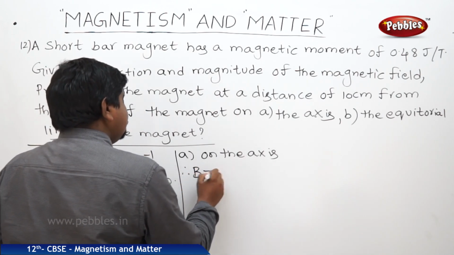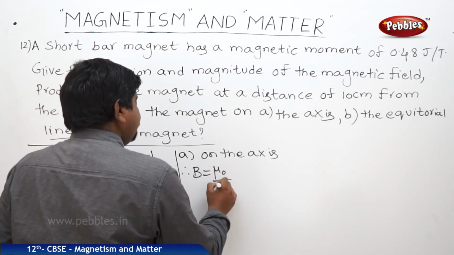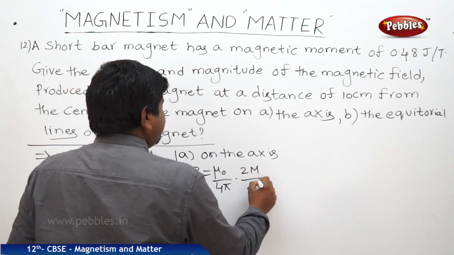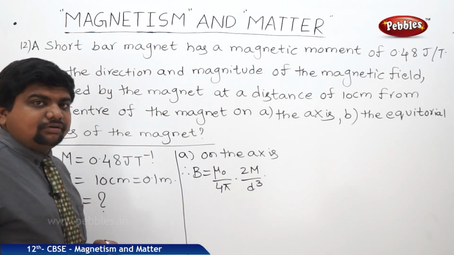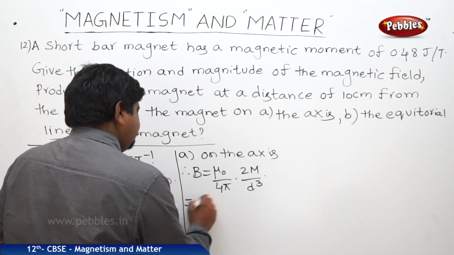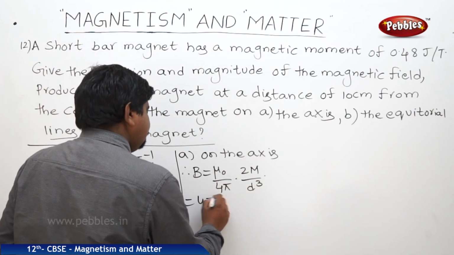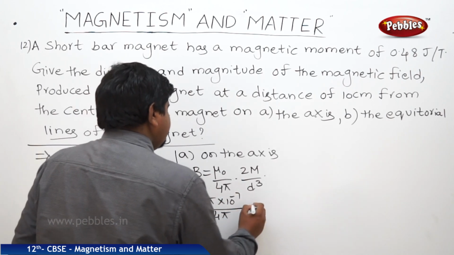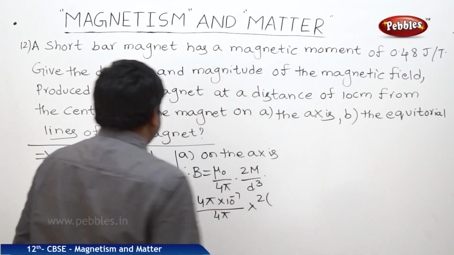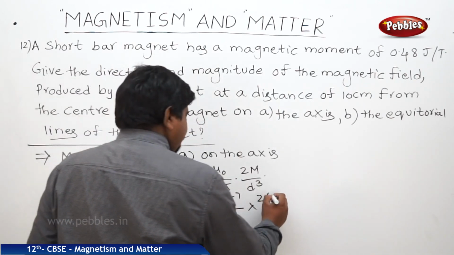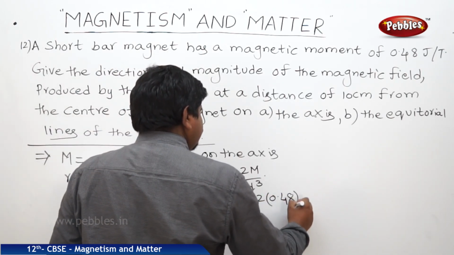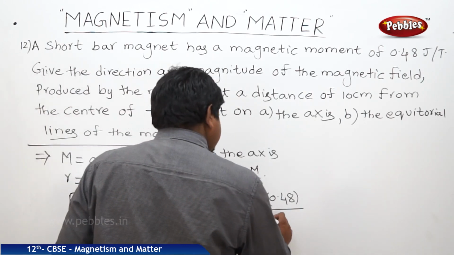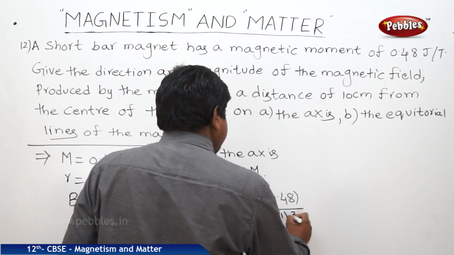B is equal to mu naught by 4 pi into 2M by d cube, where d is equal to r, where mu naught is 4 pi into 10 to the power of minus 7. So 4 pi into 10 to the power of minus 7 by 4 pi into 2 into magnetic moment 0.48 by d, which is 0.1, so 10 to the power of minus 1 whole cube.